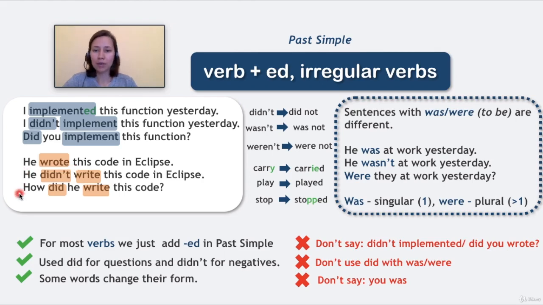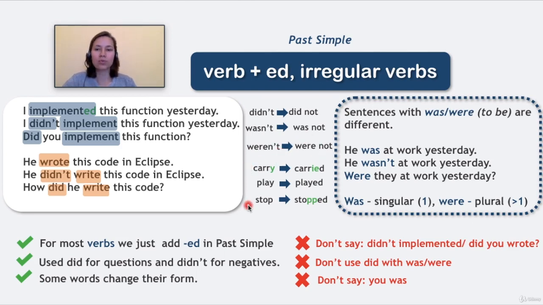In all the other types, you use the same structure again. So he didn't write and did he write. You can look here and you can see how these things change in the past. Like didn't is did not, wasn't is was not, weren't were not.